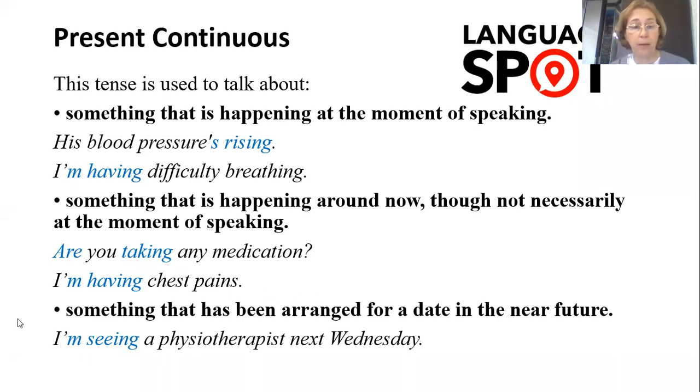Then something that has been arranged for a date in the near future. So this is one more function. I'm seeing a psychotherapist next Wednesday, so I have the arrangement next Wednesday, and this will happen for sure, 100%. I will meet the psychotherapist. So to express this idea the present continuous can also be used.